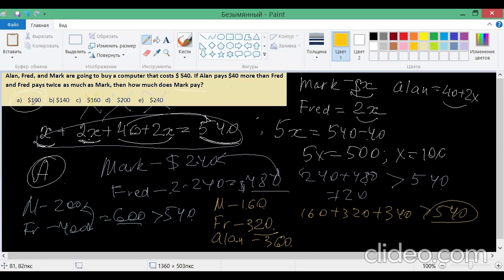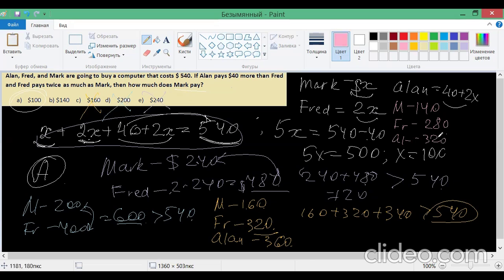What about option B, 140? So let's check it too. So Mark gives $140, right? In this case, Fred gives twice that number, 280, right? And Alan, in this case, gives 320 because his input is $40 more than this one.